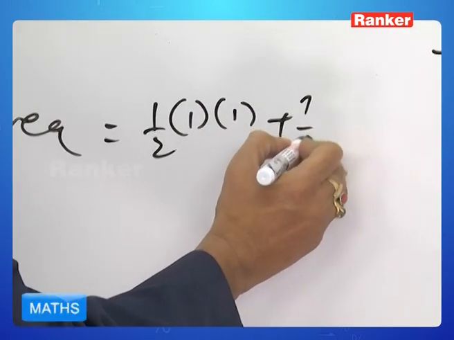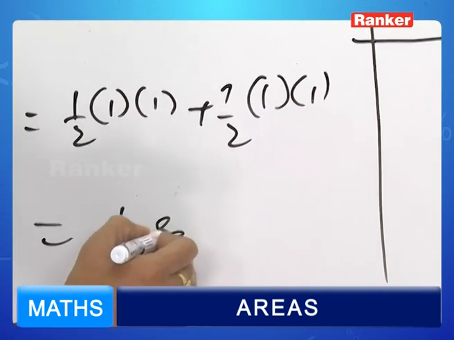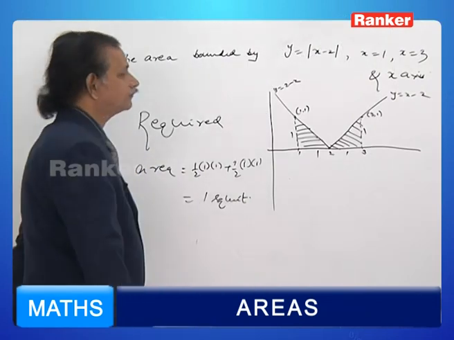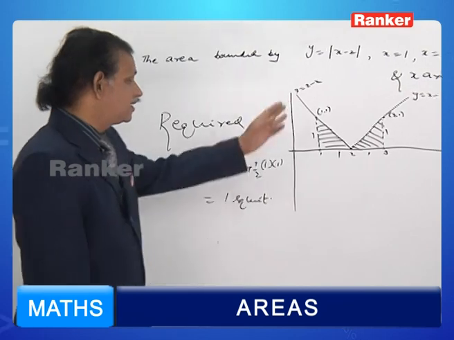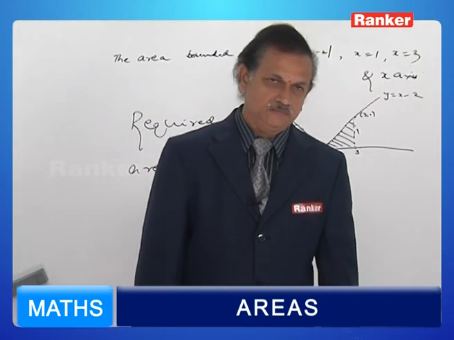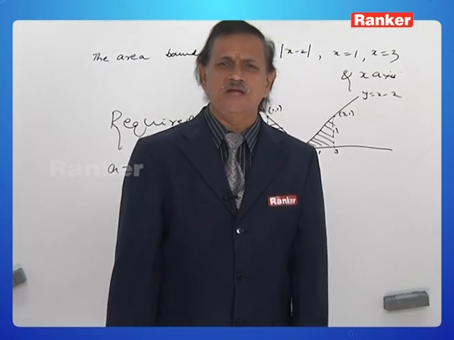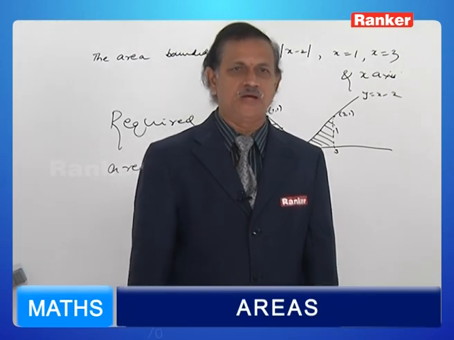Again there also half into 1 into 1. Total half plus half is 1 square unit. And this is the way we interpret the nature of the equations given in the data. And between those boundaries, we can have the area directly even without using the integration concept. We can have it, no doubt.